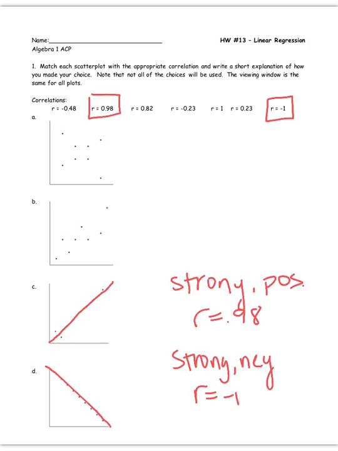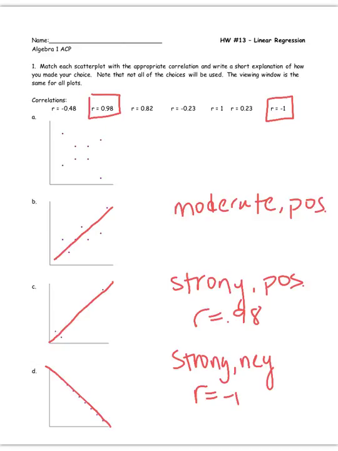For B, if you kind of try to draw a line of best fit, it does look like those points have some sort of linear correlation there, and it would be a positive one, but I'd probably call that a moderate correlation. It's definitely positive, so we're looking for a number that's maybe more in the middle of 0 and 1.